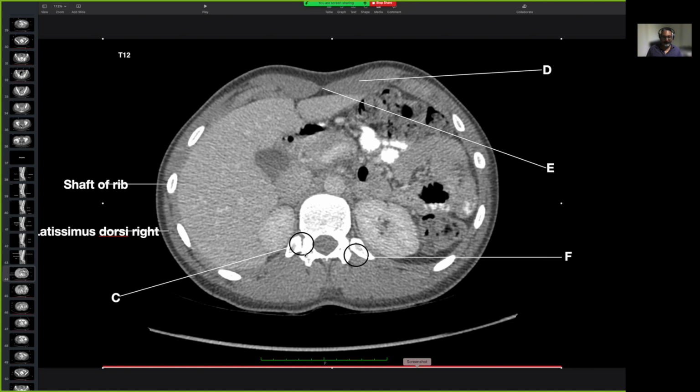I'm trying to say this joint for C. I'm trying to say this joint for F. So what's the name of the joint that the rib has with the body of the vertebra? And what is the name of the joint that the rib has with the transverse process?